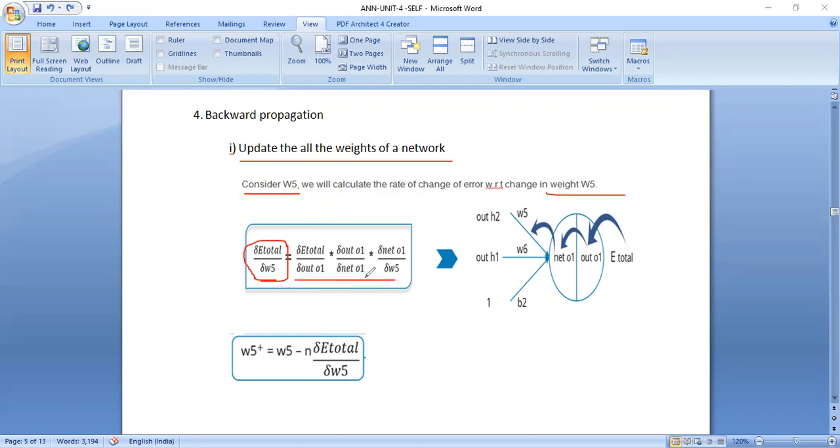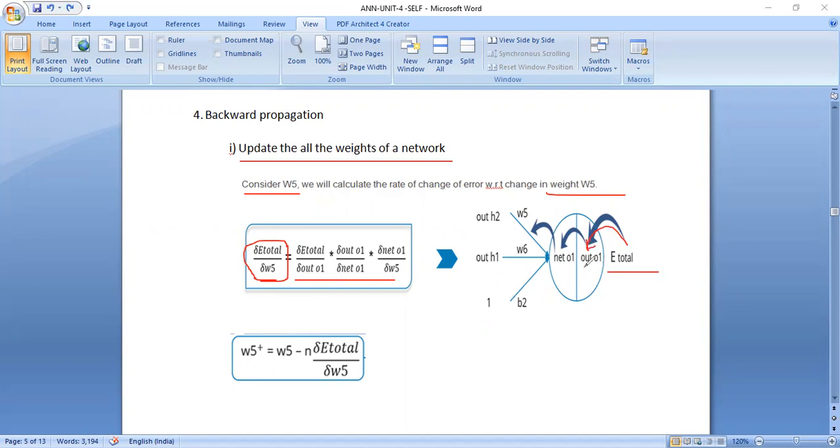Why? See this diagram. Where do we get the E total? E total is calculated from the output of O1.